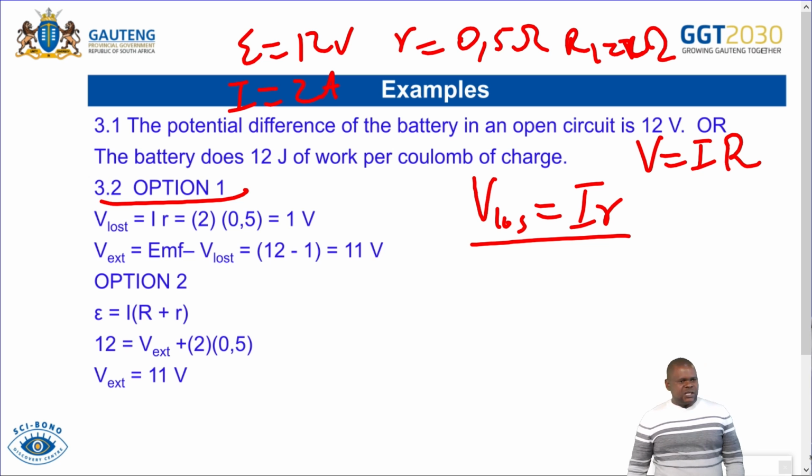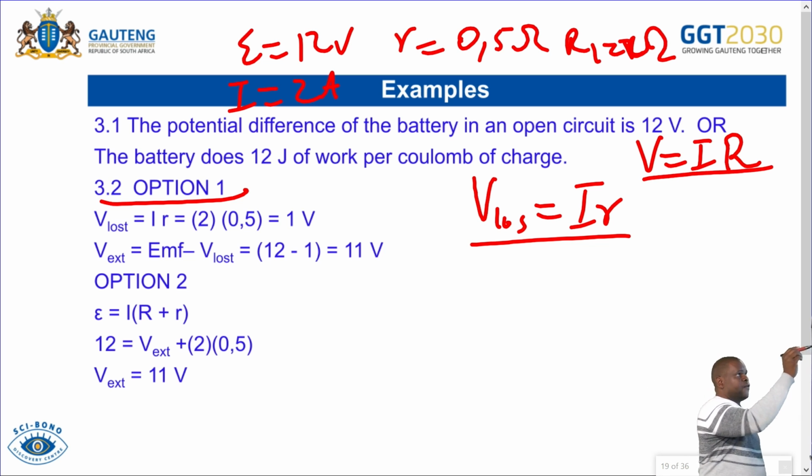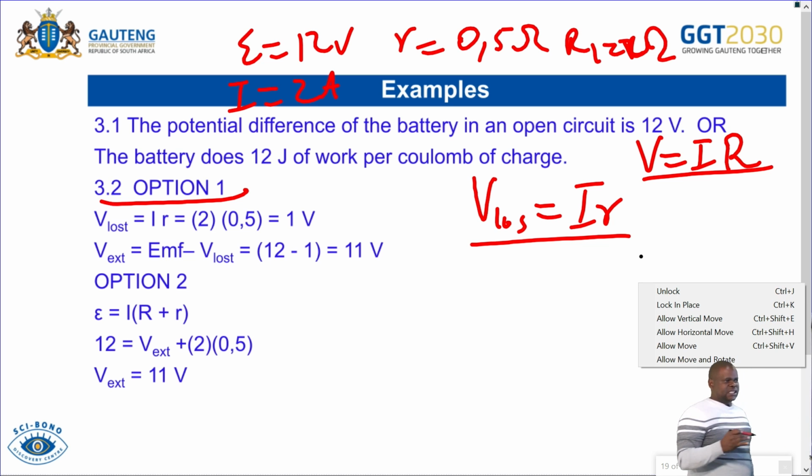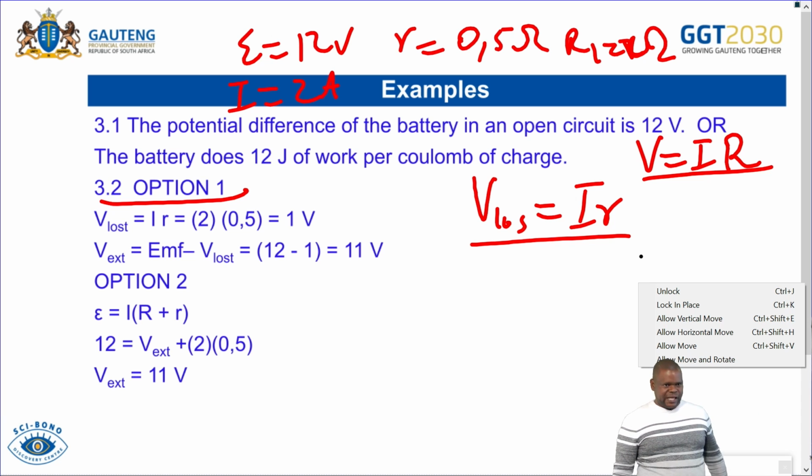Remember last week when we were doing Ohm's law, we have seen this formula. Now you can see V is voltage, I is for current, R is for resistance. But here, the resistance that we're talking about is the internal resistance.